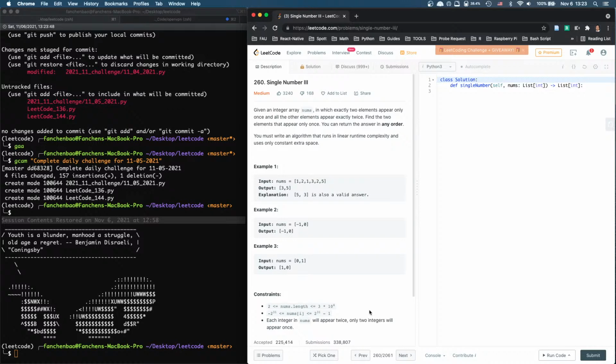But let's try. It's got to be something related to exclusive OR. Maybe we can get something else out of it. If we exclusive OR everything, we're gonna get, like in the first example, 3 exclusive OR 5. That will be the result. And the question is, when we get that result, how do we get the 3 back, or get a 5 back?